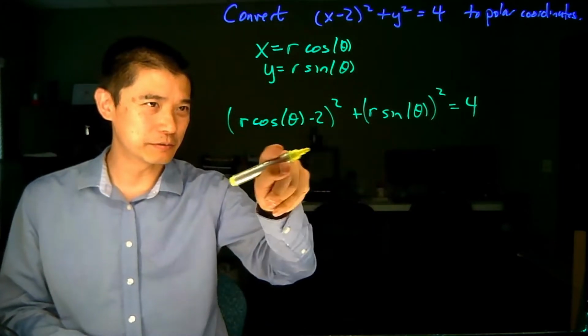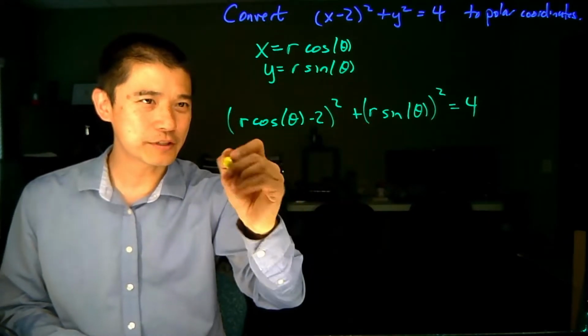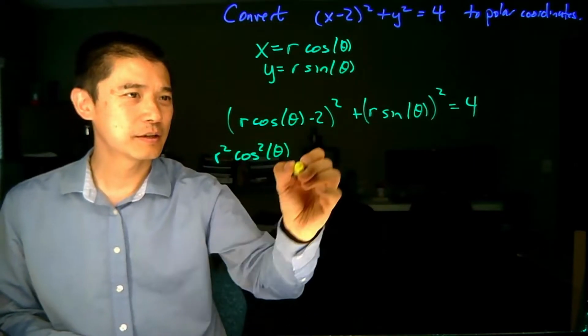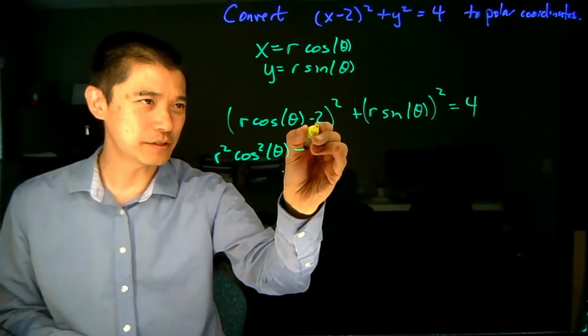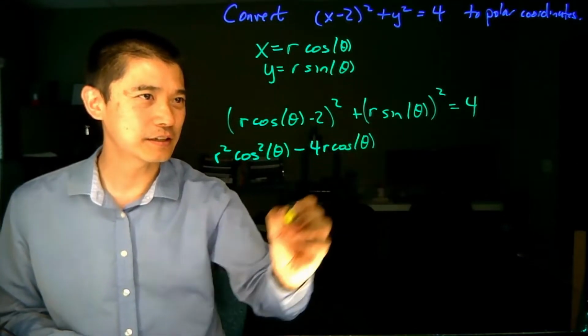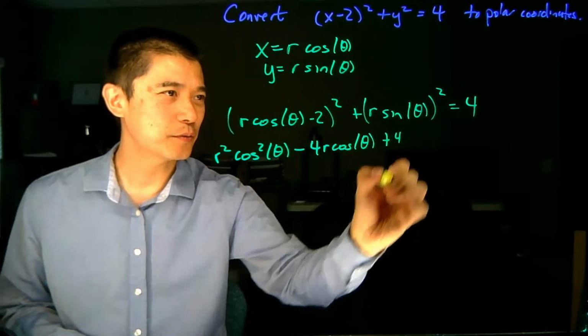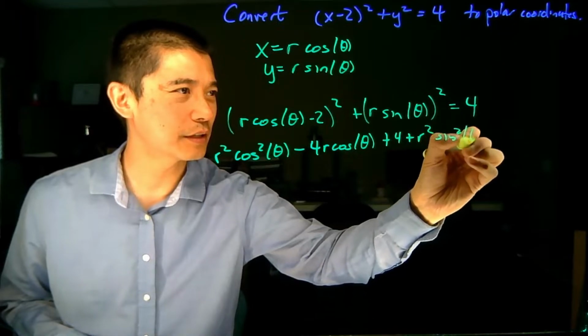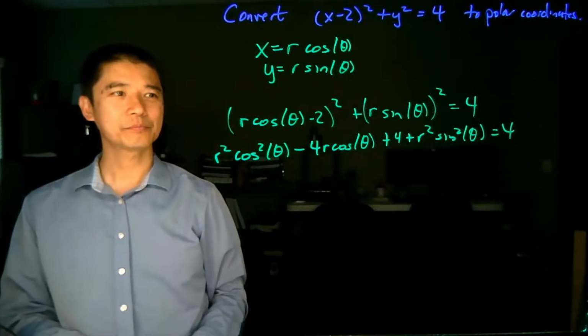So let's see what we can do with this. We're going to have to FOIL this out. So this is going to be r squared cosine squared theta minus 2ab, so 2 times 2 is 4, 4r cosine of theta plus 4, and then this is plus r squared sine squared theta is equal to 4.